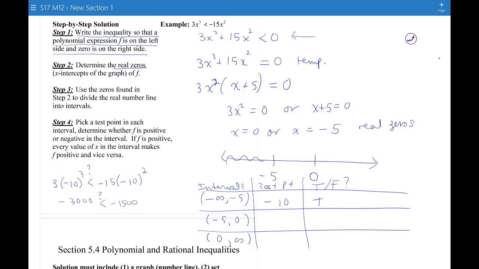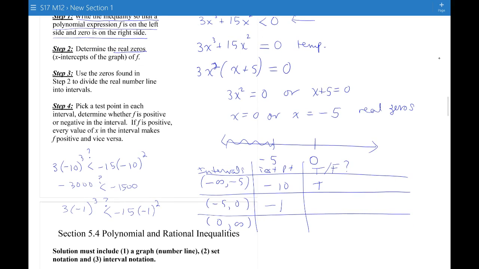So I want this part of the number line. Okay, then from -5 to 0, let's use -1 for a test point because that's going to be easy to do the arithmetic. So we want to know, is 3 times -1 cubed less than -15 times -1 squared? So we'll get -3 on this side and -15 on this side.